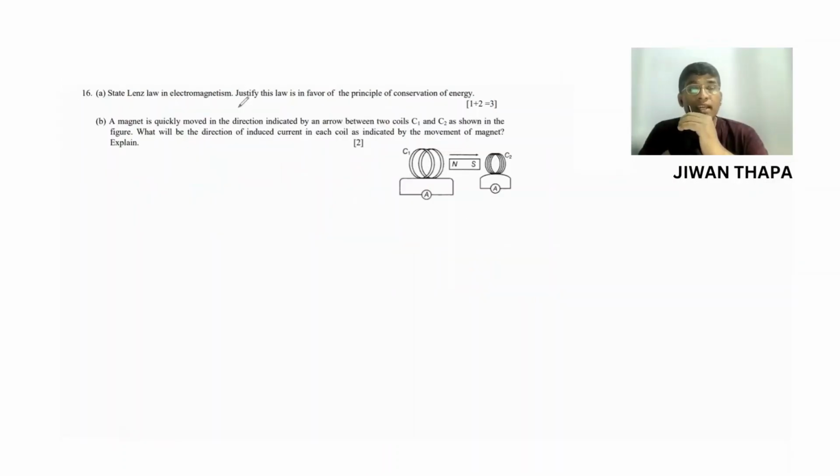Question number 16a, state Lenz's law in electromagnetism. So, statement of Lenz's law.